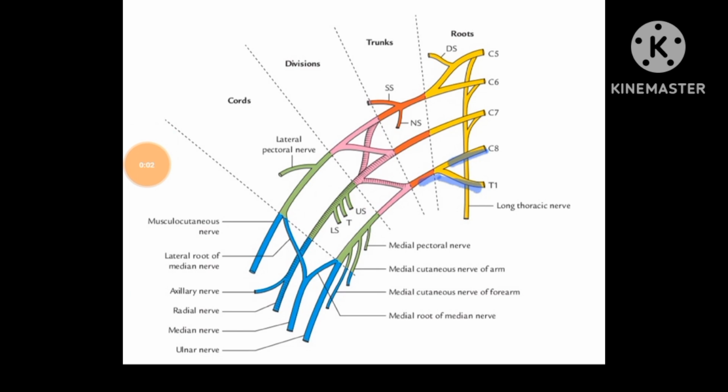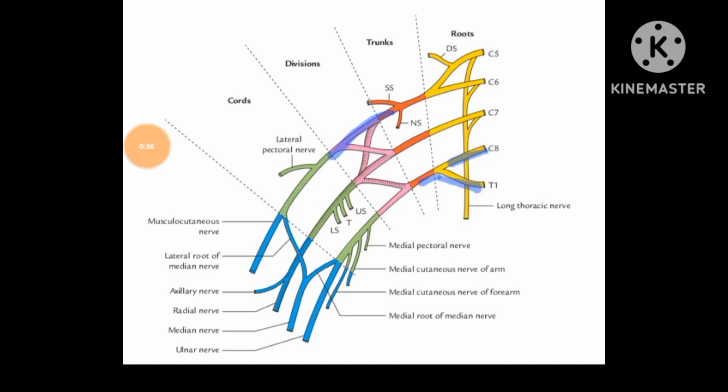Each trunk has an anterior division and a posterior division. The anterior division of upper trunk and the middle trunk join to form the lateral cord.